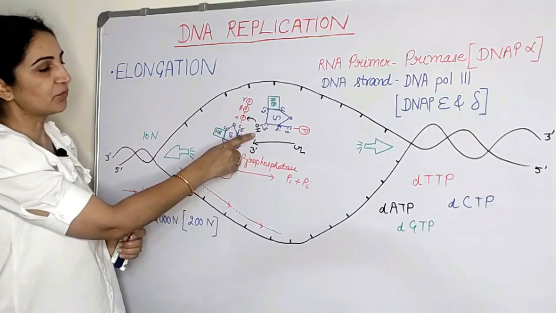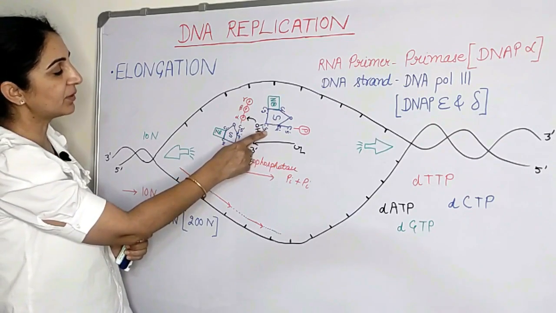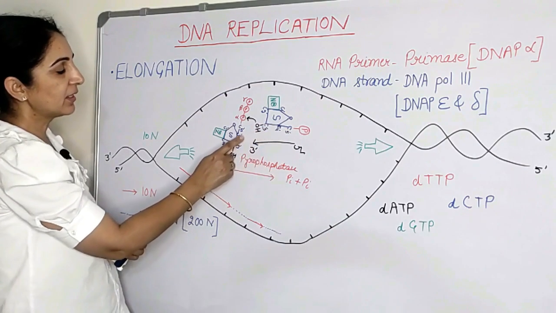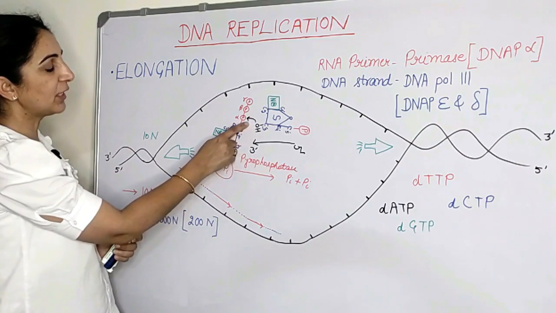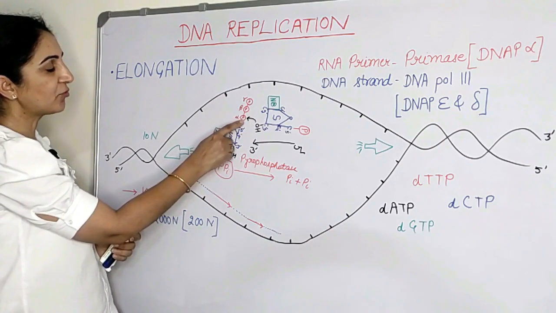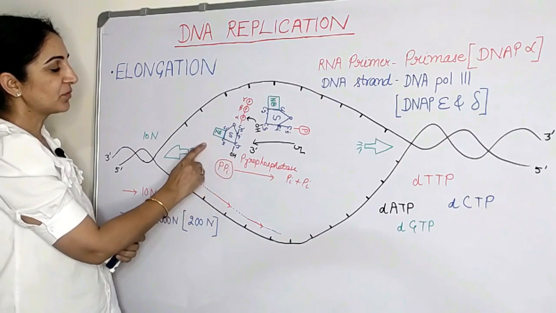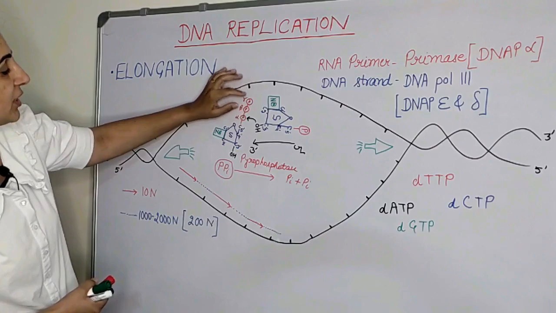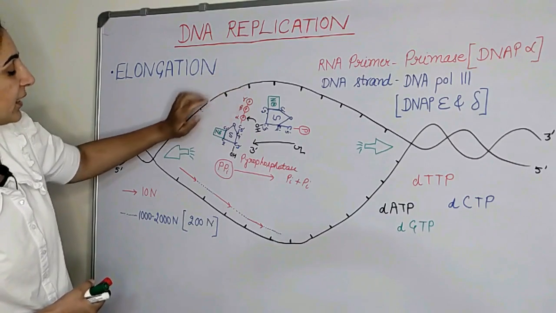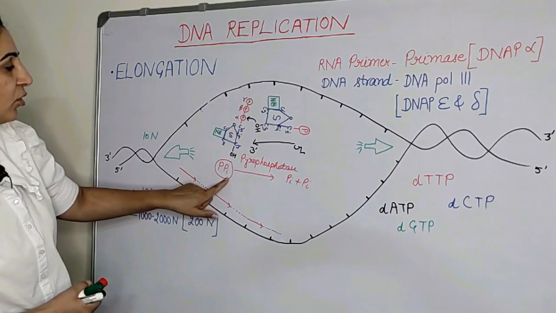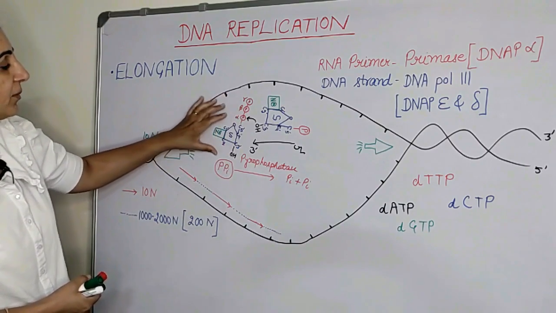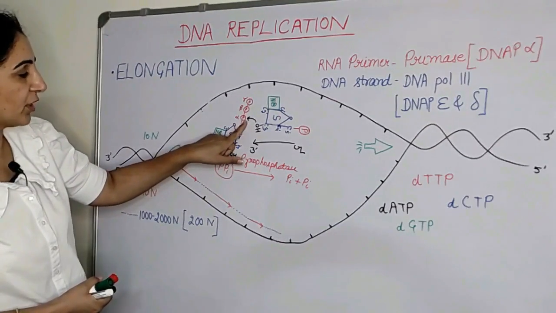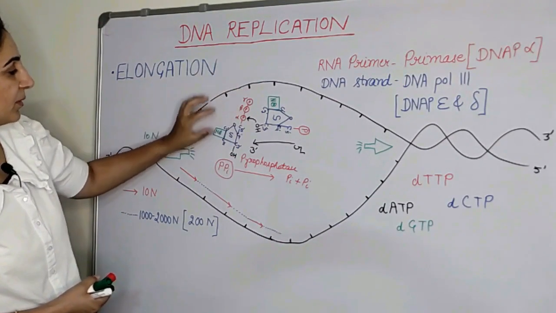The OH group which is already attached to the carbon number 3 of the pre-existing nucleotide sugar subunit makes a nucleophilic attack on the alpha phosphate group of the next nucleotide, so that this chain breaks from here and you get a pyrophosphate group removed from this site. So ultimately now we are left with a nucleoside monophosphate and a pyrophosphate group.